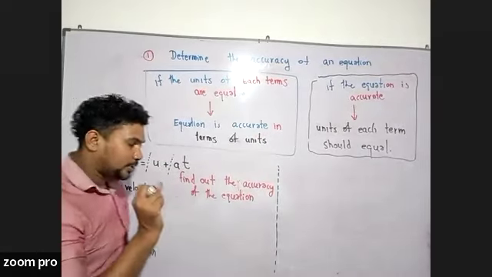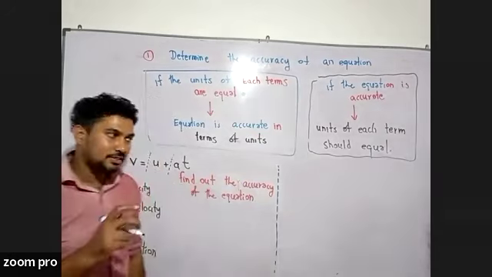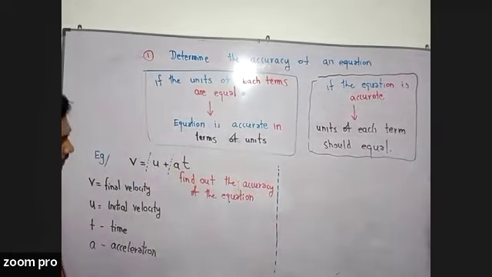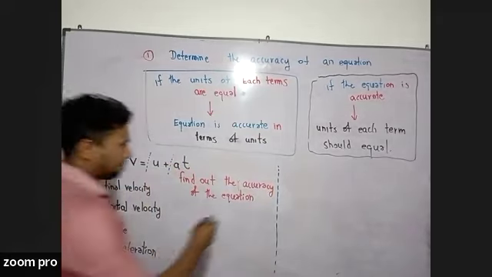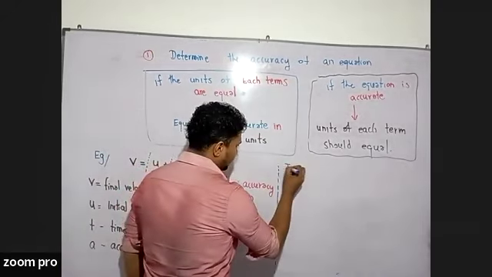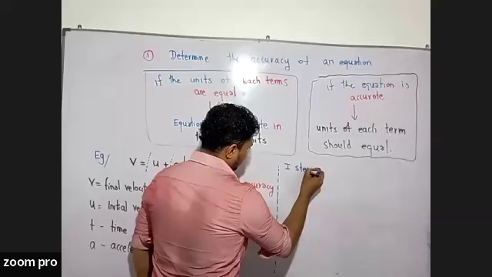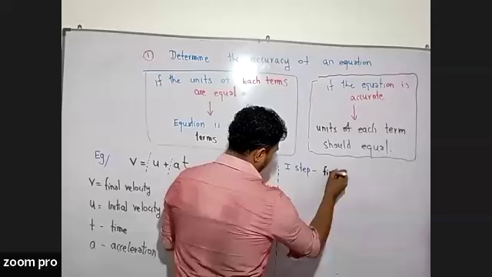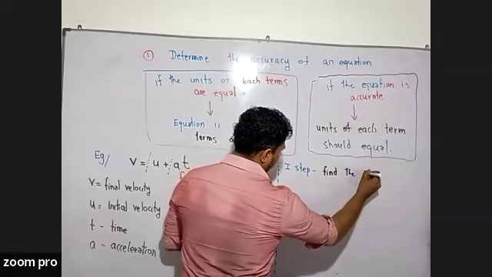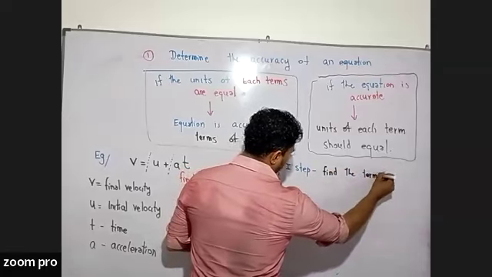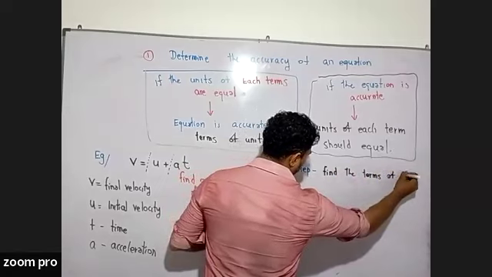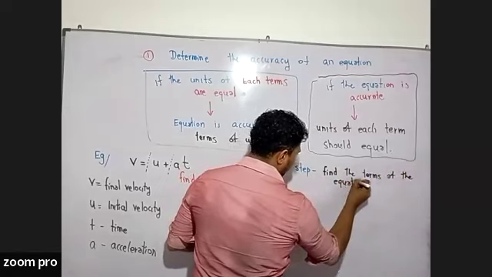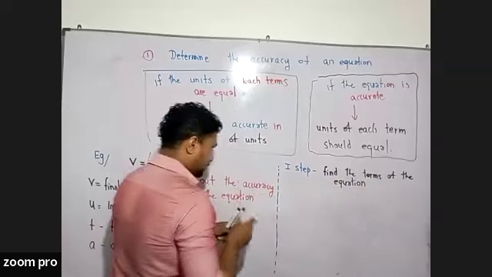So first of all, you have to find out what the terms of this equation are. So the first step is to find the terms of the equation. Now, what are the terms?